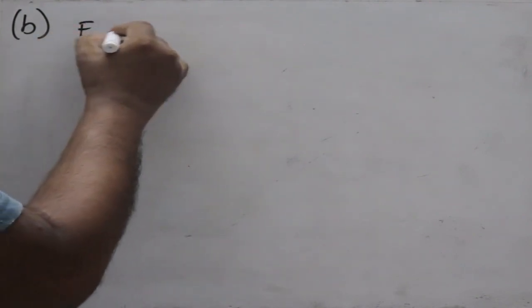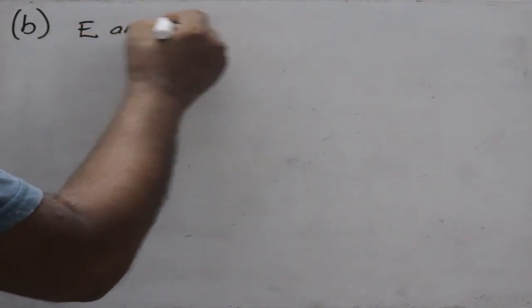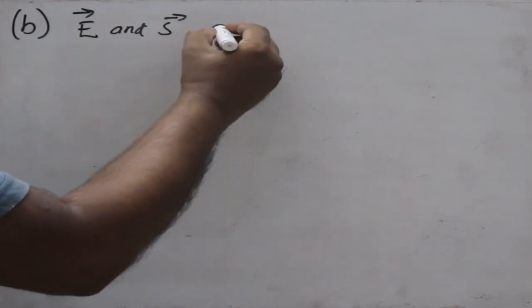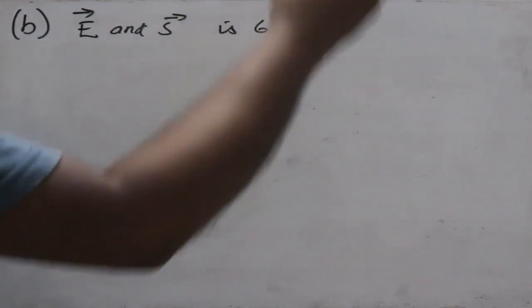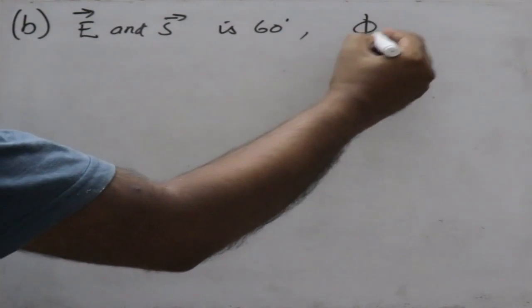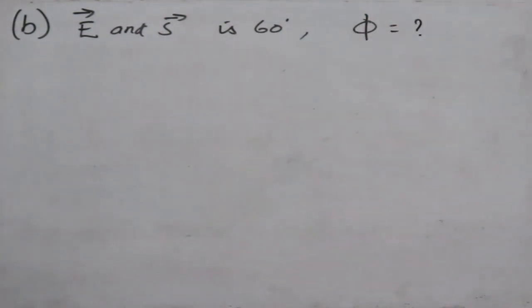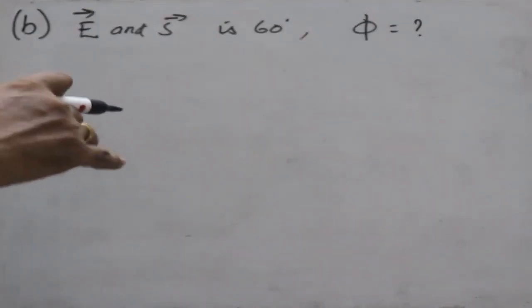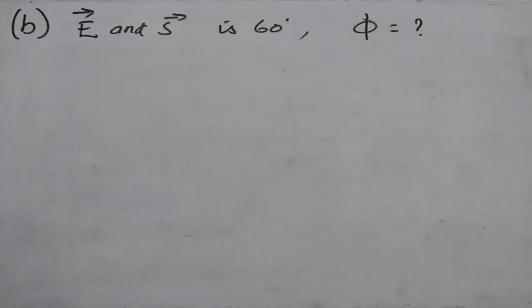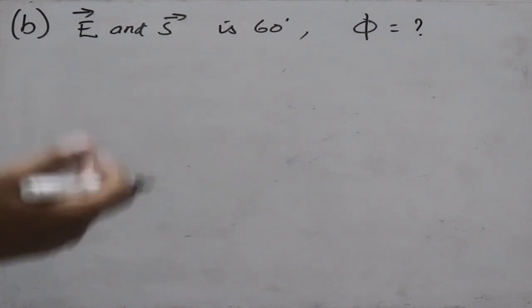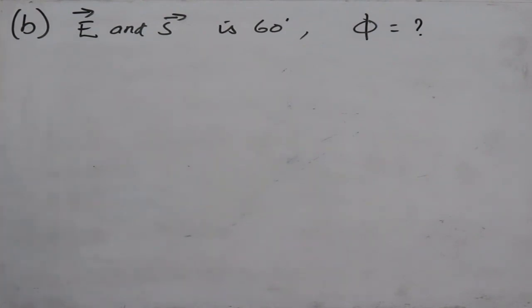That means the angle between the electric field and the area vector is 60 degrees. Here the plane's normal makes an angle of 60 degrees with the x-axis, along which the electric field is going through it.